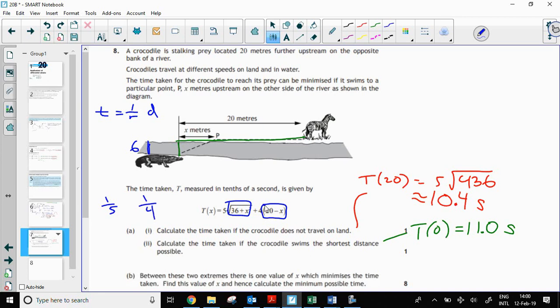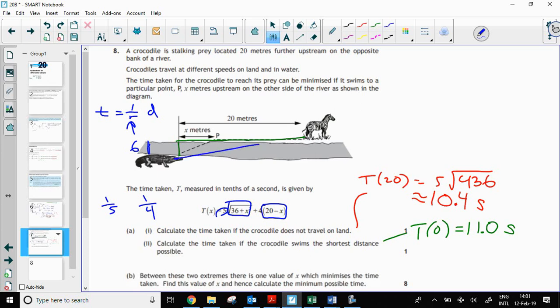So it's because we have 5, which is 1 over the rate, and 4, which is 1 over the rate. So we see that it's faster at running than it is at swimming, which I would not have guessed, but I don't know anything about crocodiles, I suppose. It's faster at running, but we are balancing that out with minimizing the distance that it has to travel.